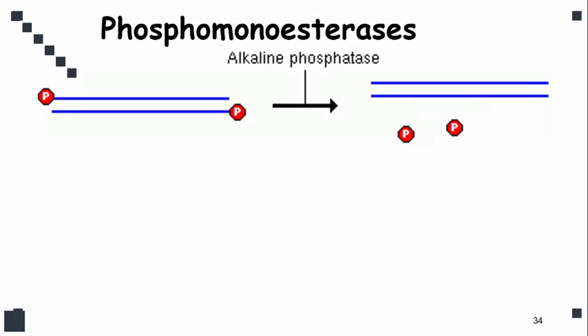In the case of DNA, when you apply alkaline phosphatase to your DNA molecule or solution, what it will do is remove the 5' phosphate, and you end up with a molecule that doesn't have a phosphate group. What does that mean? It means this molecule cannot be extended, because there is no phosphate.